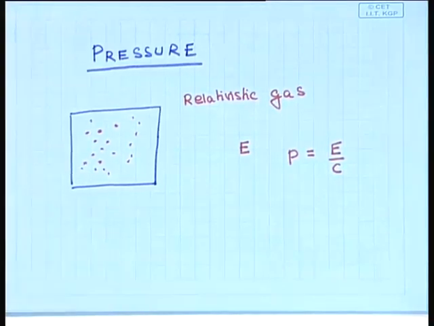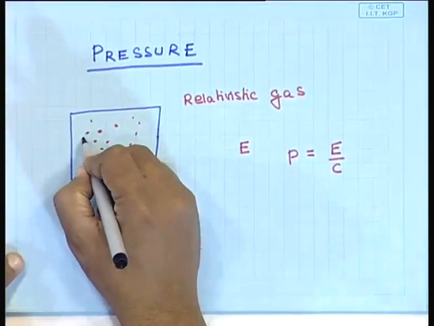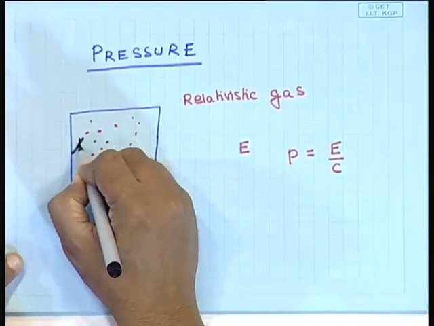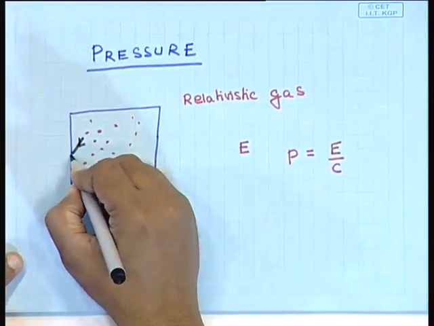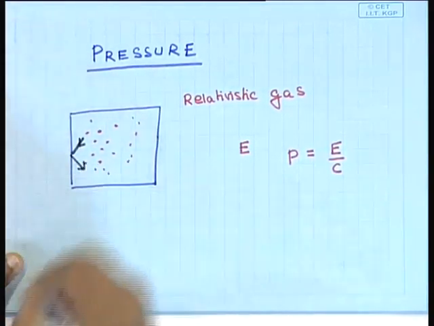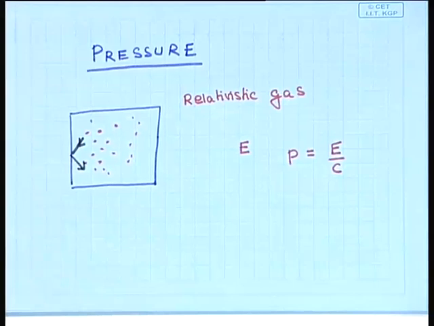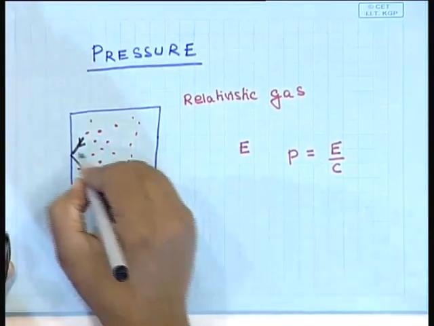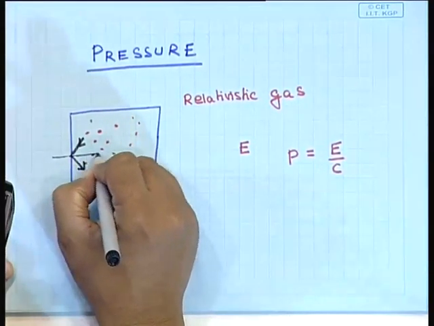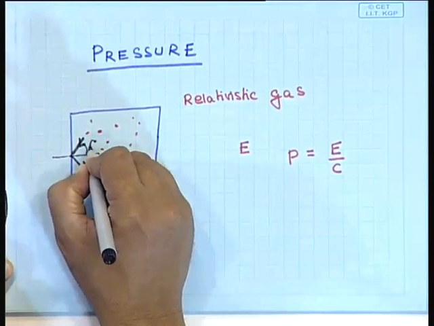Now, let us consider a particle that comes and hits this wall and then bounces off it. Let us say that this angle is theta.